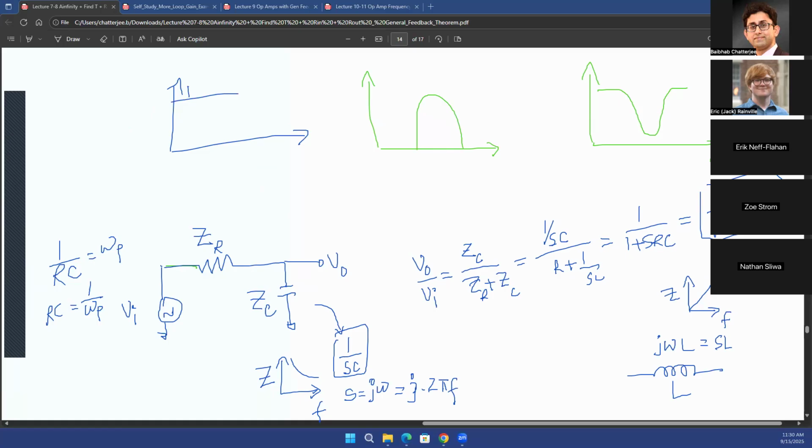At omega equal to 1 upon RC, you have 1 divided by 1 plus j. So omega and RC cancel out. And as you know from the theory of complex numbers, the magnitude of this is just 1 divided by square root of 2.